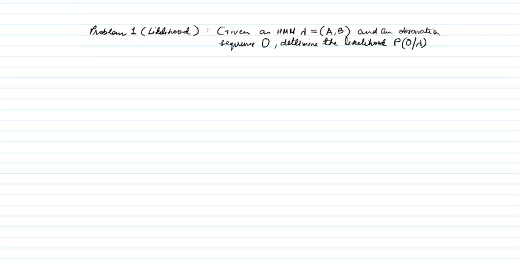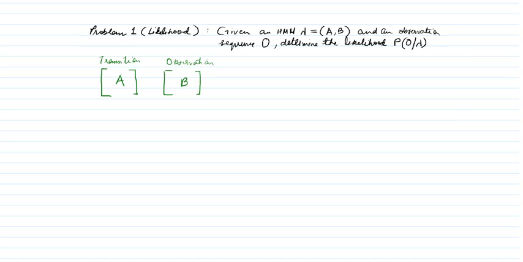So what does it mean? I have the transition probability matrix A, and I have the observation probability matrix B. These two are given. This is the transition and this is the observation. Then I am given some sequence of observations.